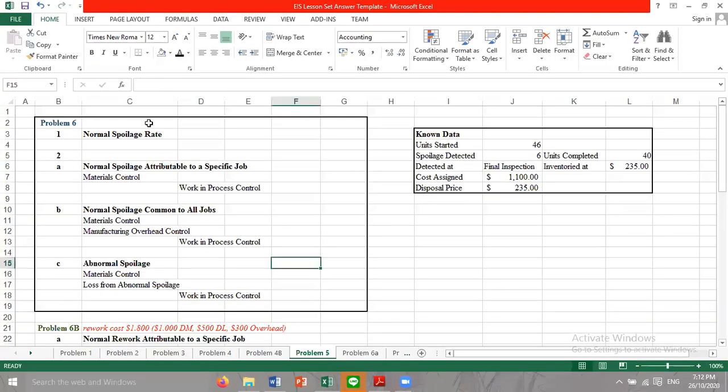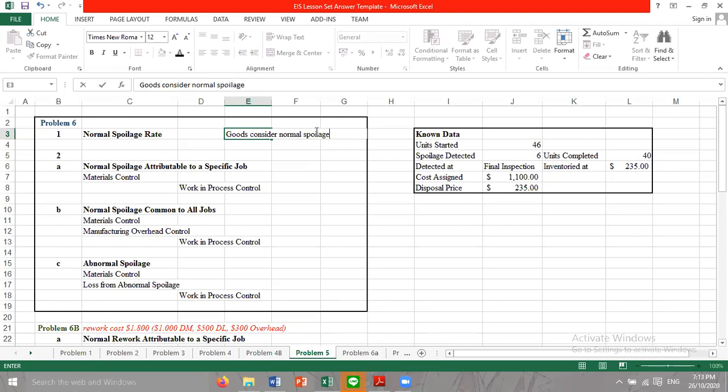Okay, this is pretty straightforward. The formula for a normal spoilage rate is goods considered normal spoilage, divided by the good units transferred out, good units completed.